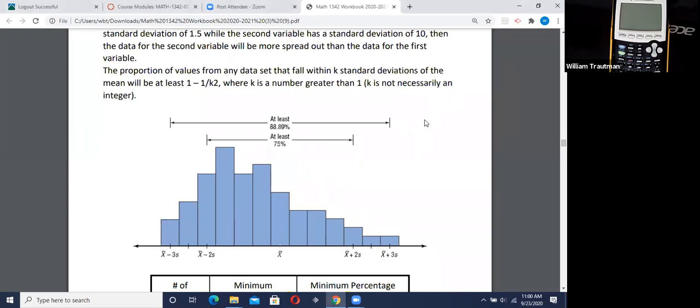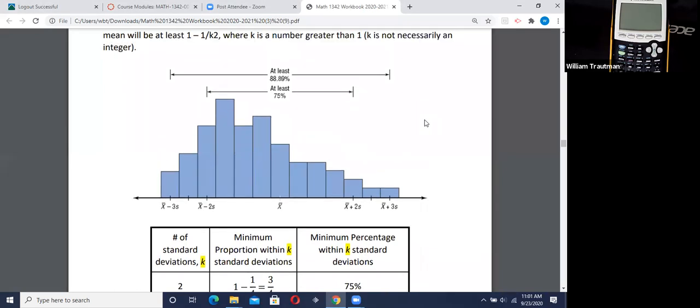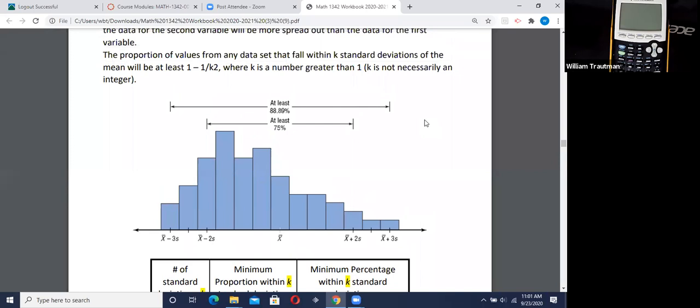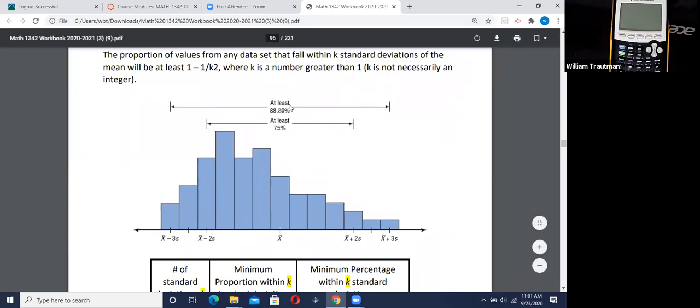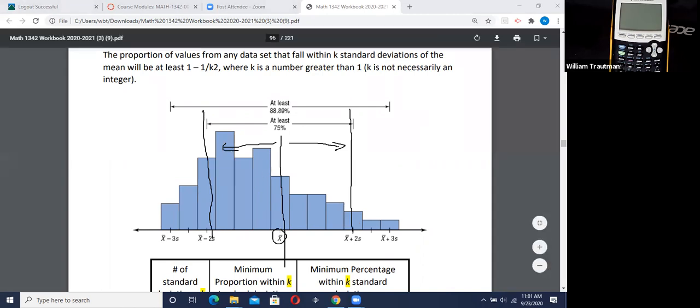And you can't use one standard deviation, as they showed you up there. In Chebyshev's, they show you the average is right here, and if you go the same distance on both sides of the average, Chebyshev says 2 standard deviations.